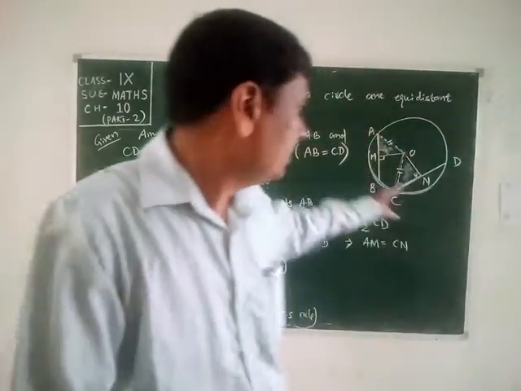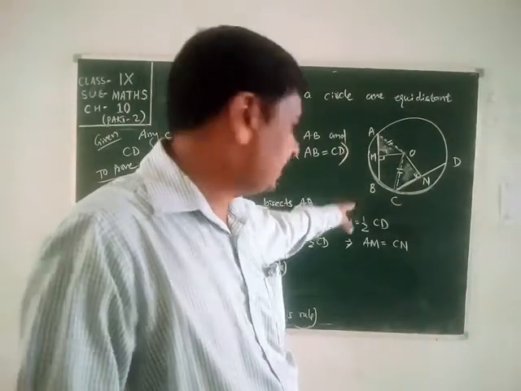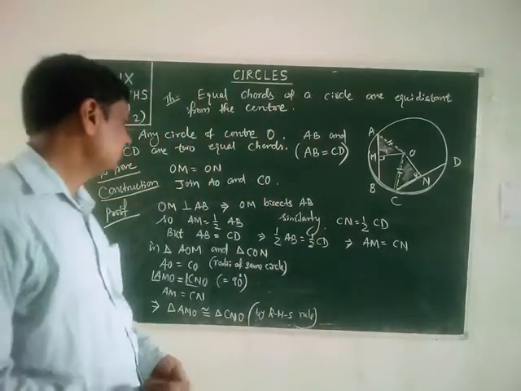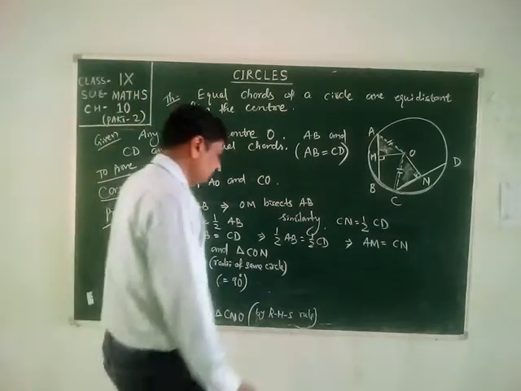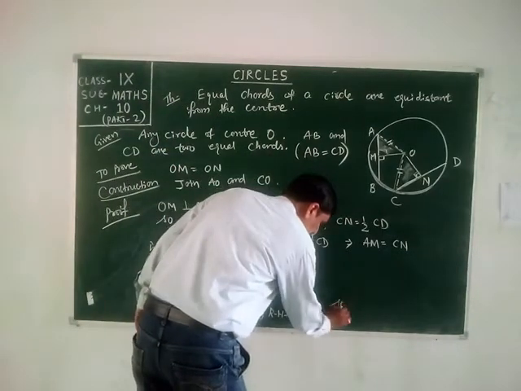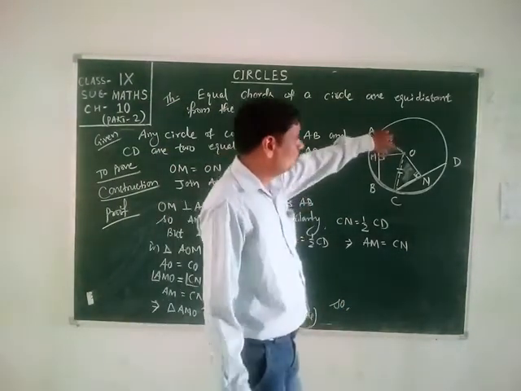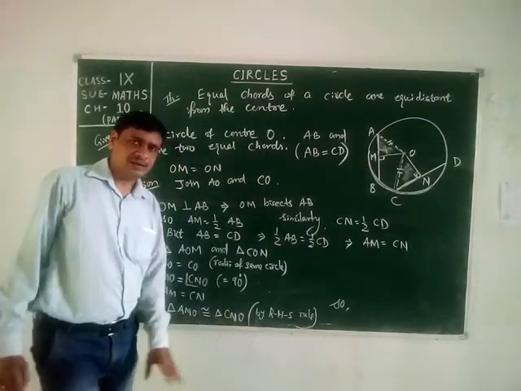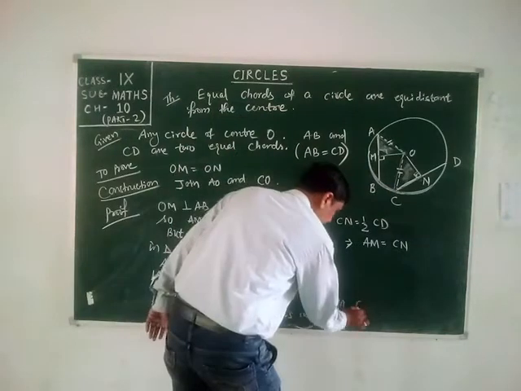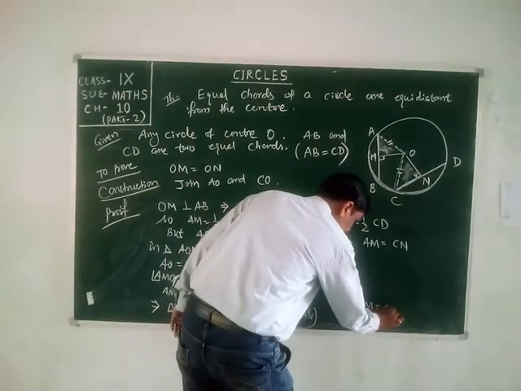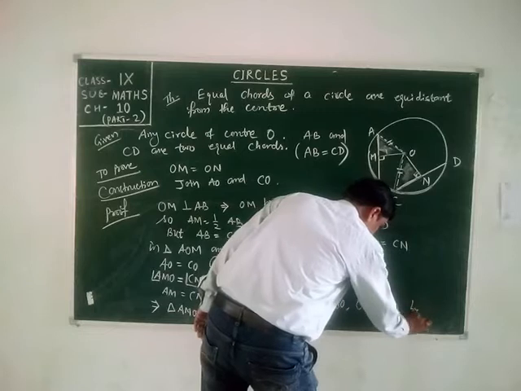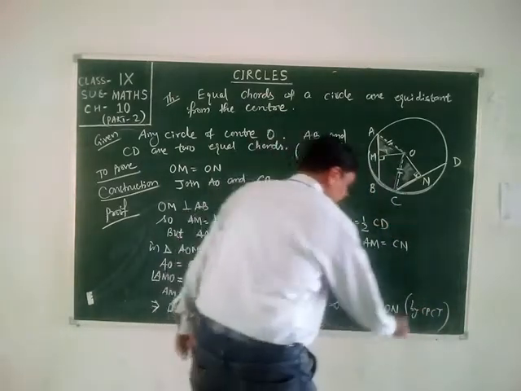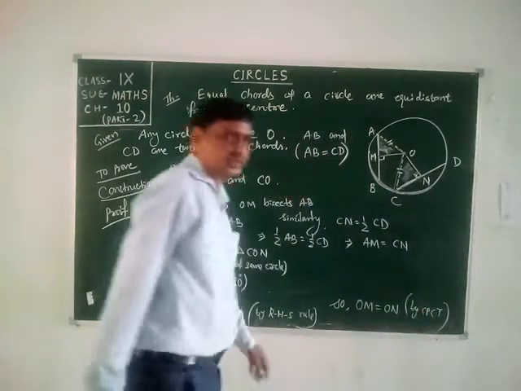Both triangles are congruent. Since they are congruent, OM and ON will be equal by CPCT. It is proved.